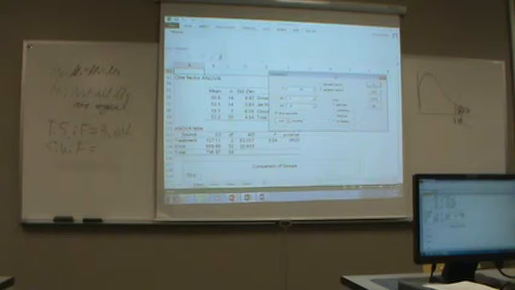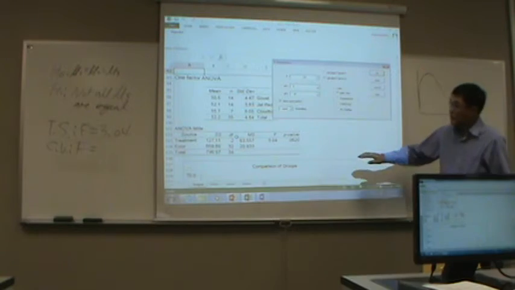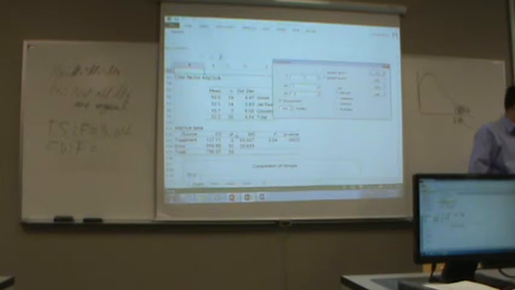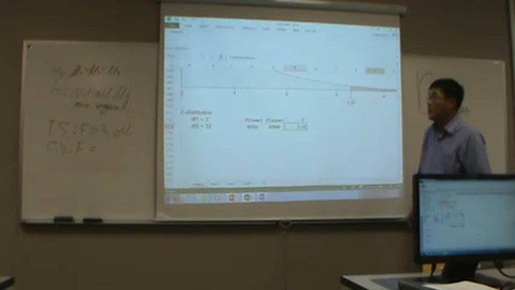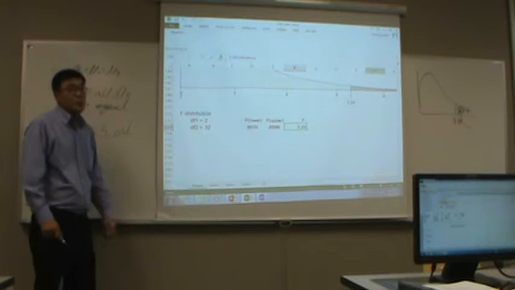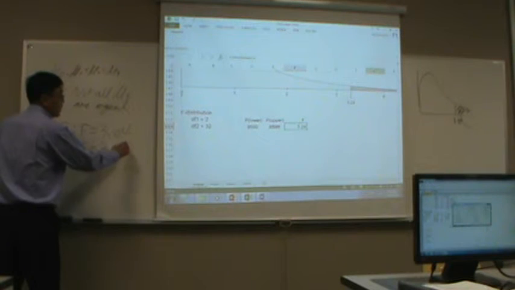So alpha equals 0.05, and then df1 is 2, df2 is 32. Click OK. When df1 is 2 and df2 is 32, the critical value is 3.29.